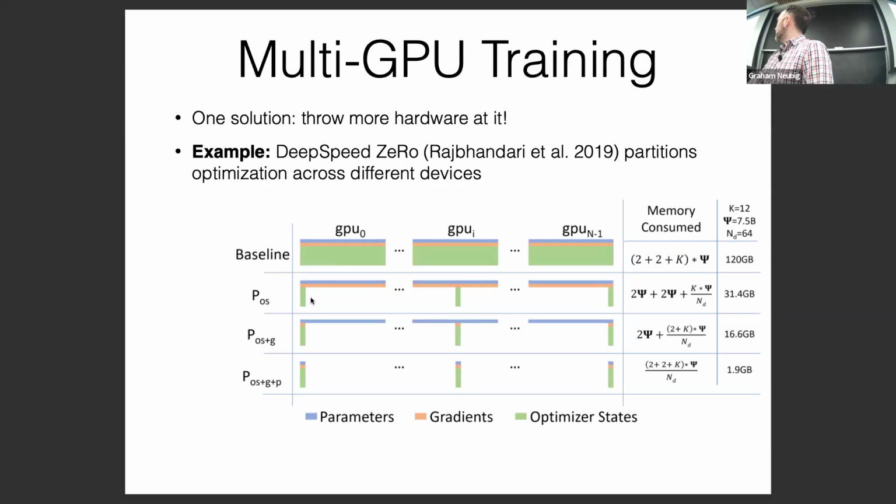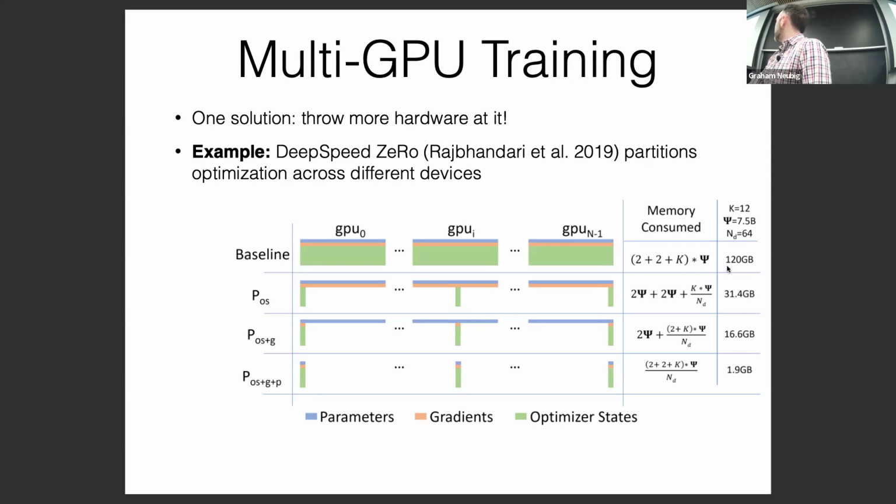The second thing is you partition the optimizer state across different GPUs. Because optimizer state is generally larger or at least as large as all of the others, this can reduce memory requirements significantly. This went from 120 gigabytes to 31 gigabytes for a 7.5 billion parameter model, and they had 64 devices.